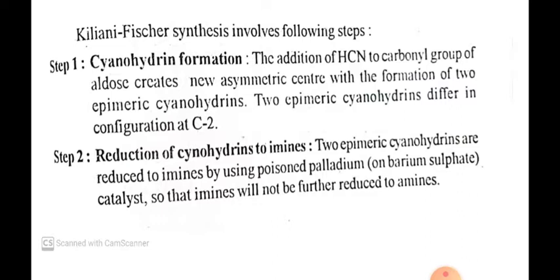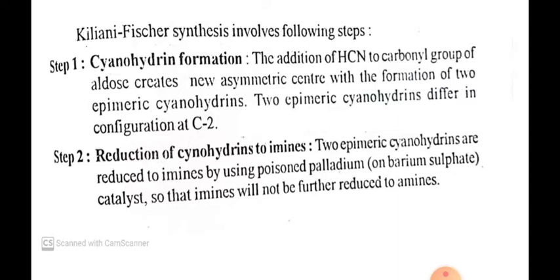Then step 2 is reduction of cyanohydrin to imines. The cyanohydrins which are formed in step 1 are reduced to imines. Two epimeric cyanohydrins are reduced to imines by using poisoned palladium on barium sulfate. See, if we take only palladium and hydrogen, what will happen?